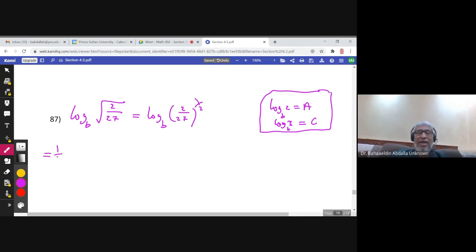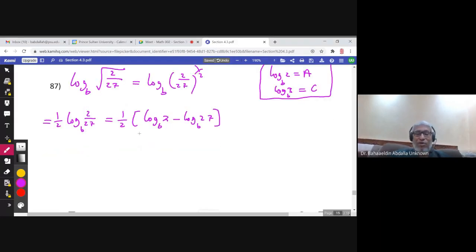And now I can take half outside using the power rule. Okay, and now I can write log 2 over 27 using the quotient rule as log 2 minus log 27.